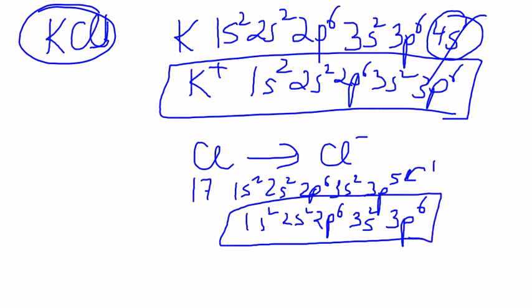So essentially the electronic configurations here are going to give you the K plus and Cl minus, which are going to coexist together, and the ionic compound is going to get generated.